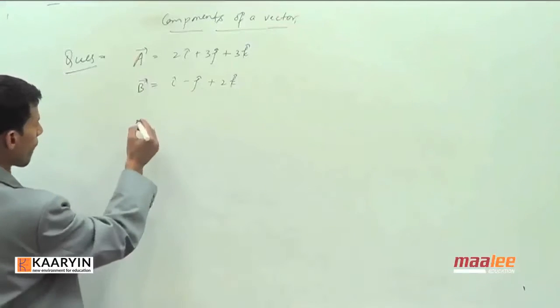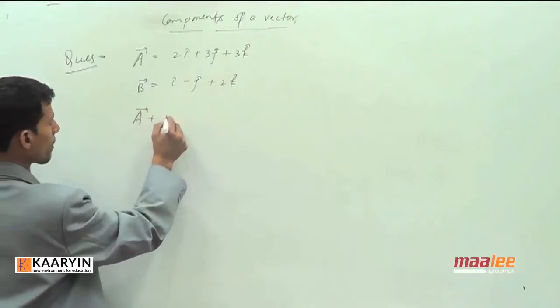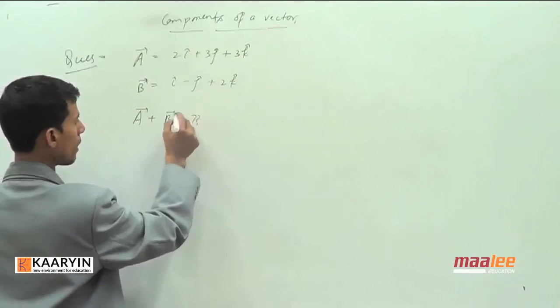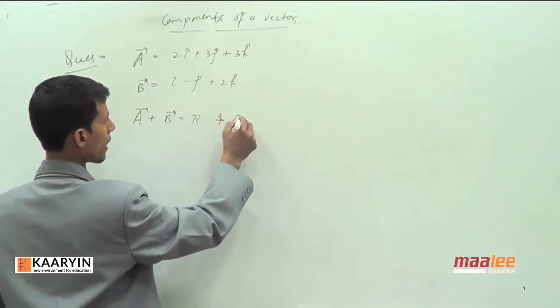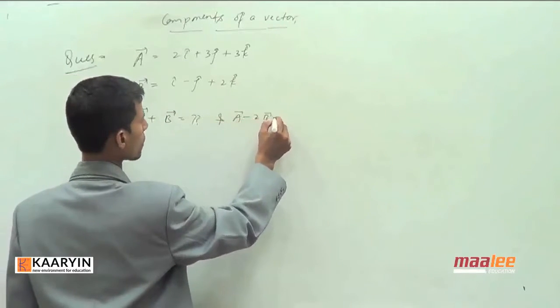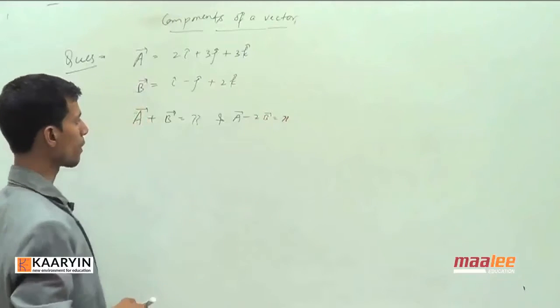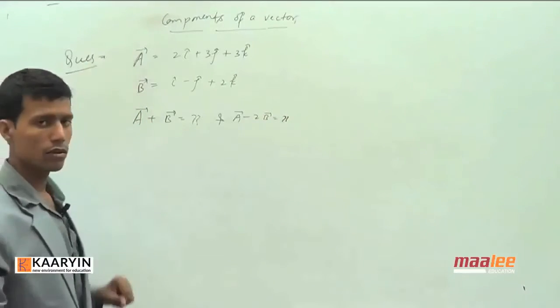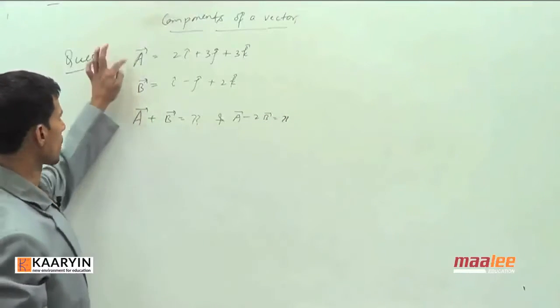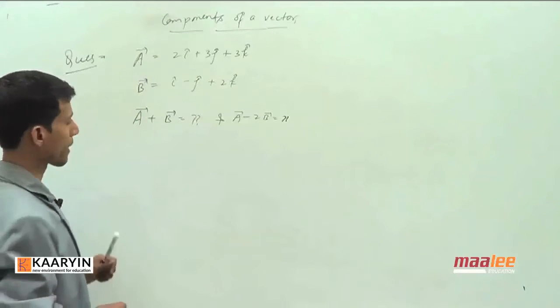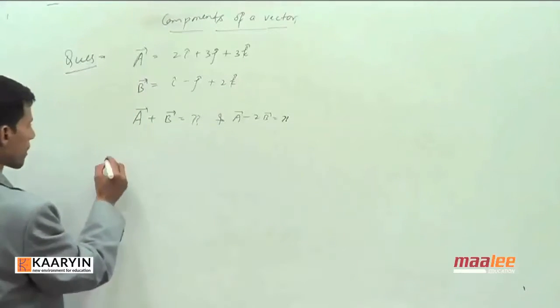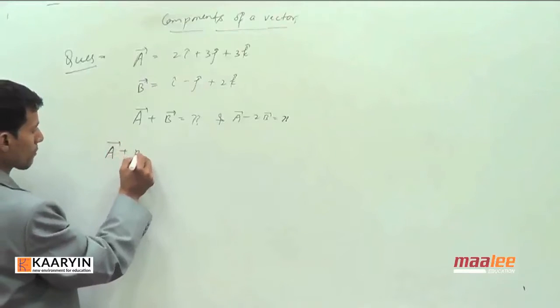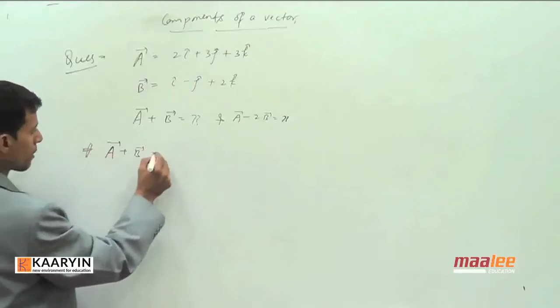And if I want to find out what a plus b and a minus 2b are, purely with the help of these two given vectors.